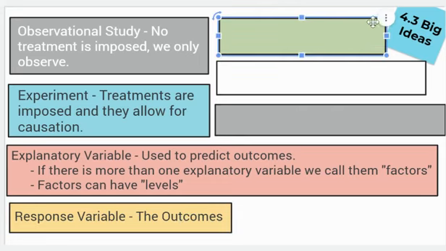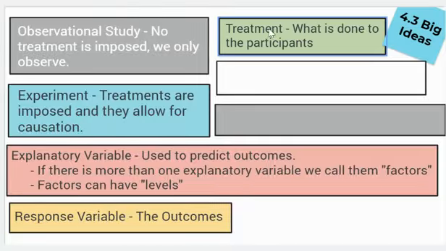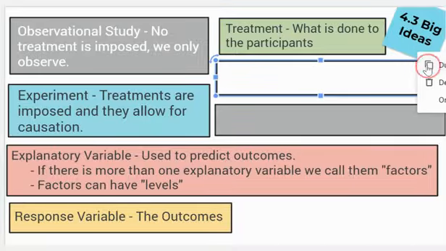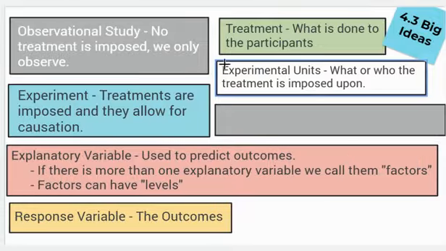So let's keep going. Our next definition is the treatments. A treatment is what is done to the participants. Whatever is being imposed upon them, those would be called the treatments. If we dig a little deeper into our definitions, we talk about experimental units.